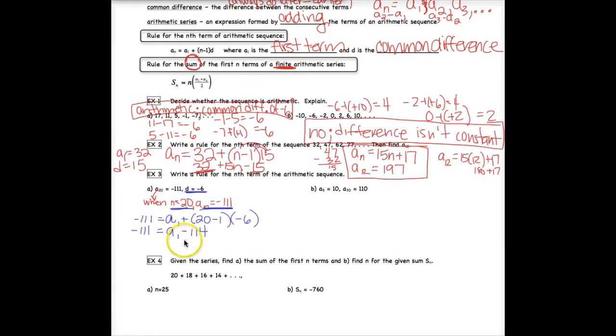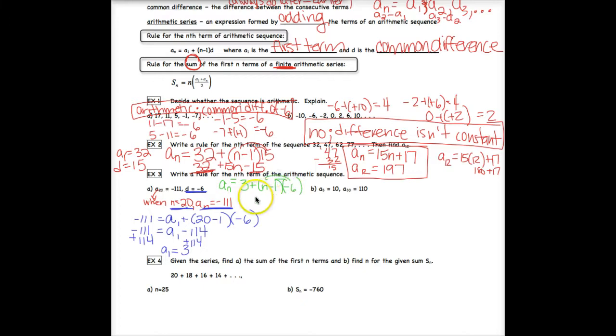So to get a sub 1 by itself, we add 114 to both sides here. So that means a sub 1 had to be 3. So the first term of my sequence was 3. Now I can take that and plug it in and get the general rule for the nth term. So a sub n is going to equal first term plus n minus 1, because I'm back to the general nth term, times negative 6.